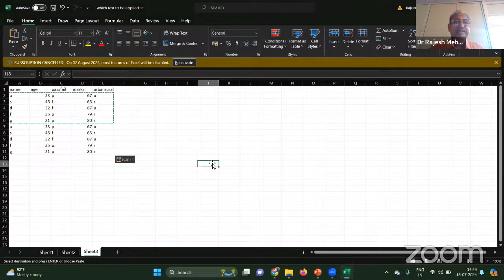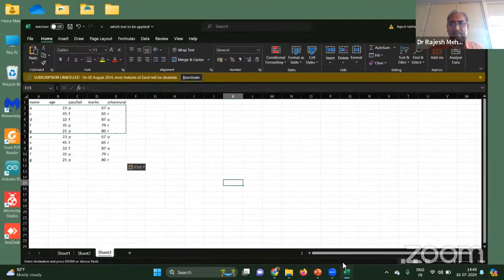Suppose this is your Excel file. Keep the headers clear, and there should not be any merged cells. Once this is done, we'll use the analysis.